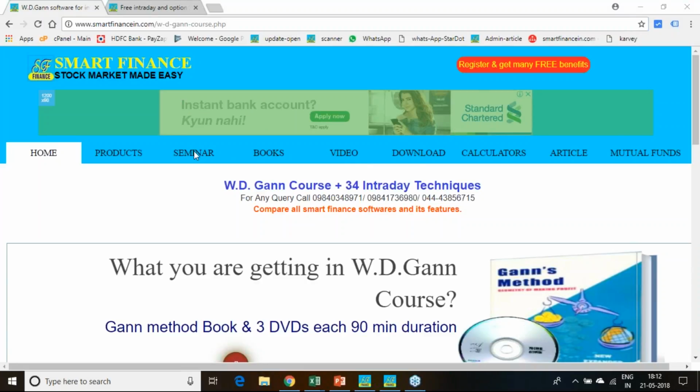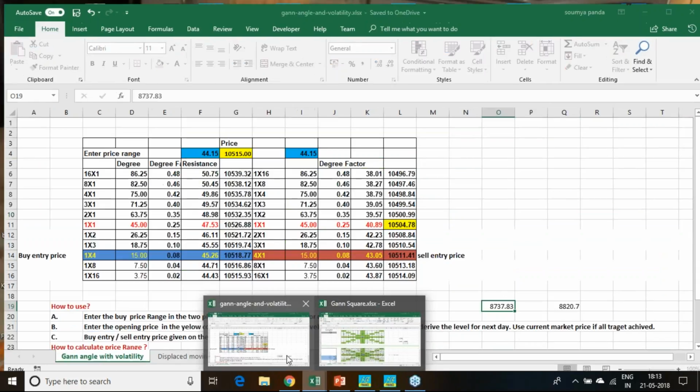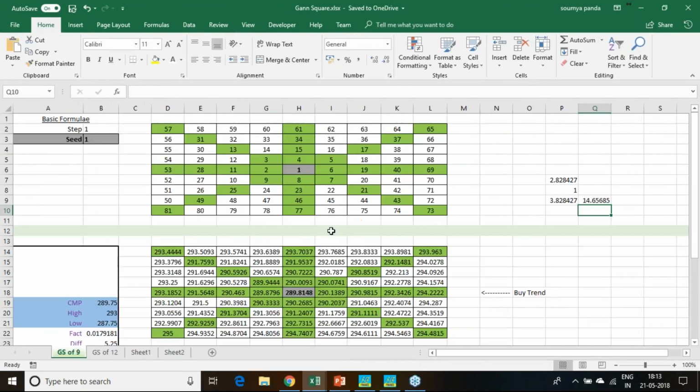So these are the facts of the Gann concept, and this is the square of 9. You have understood how the square of 9 is important, and how the numbers 1, 8 and 15 are related.